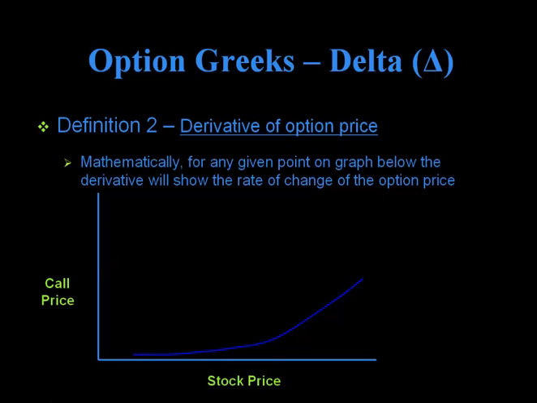And mathematically what that means is, for any given point on the graph, the derivative will show the rate of change of the option price. So if I were to draw a line that touches right there, and then draw another line that touches right there, you can see that this is measuring rate of change.